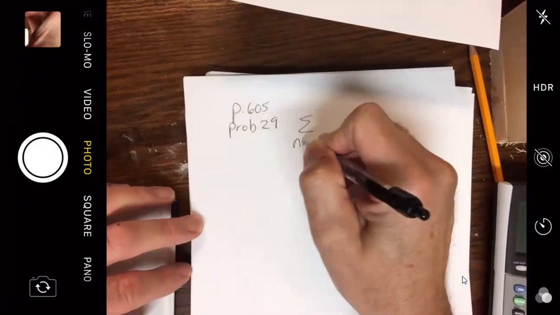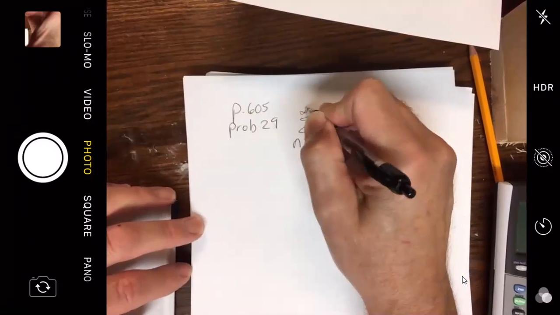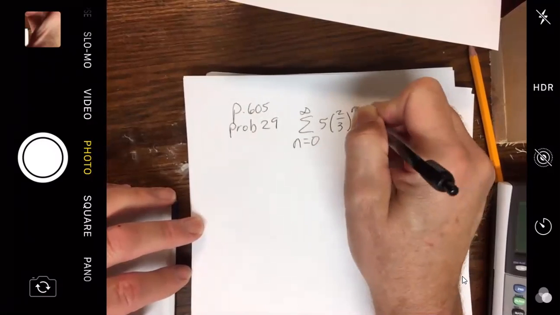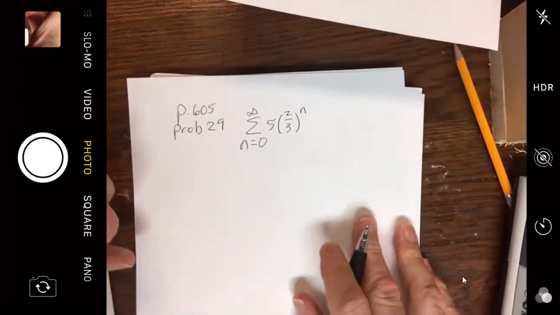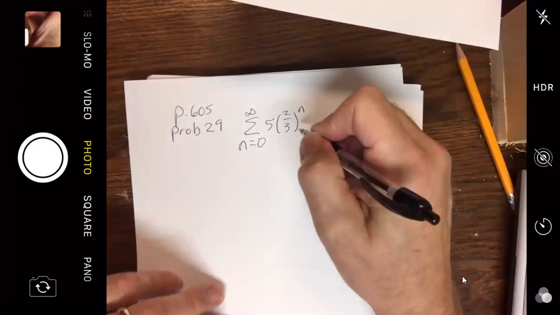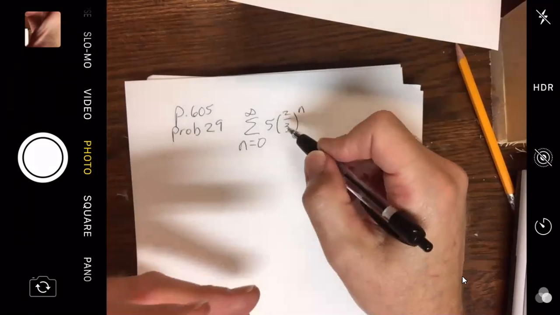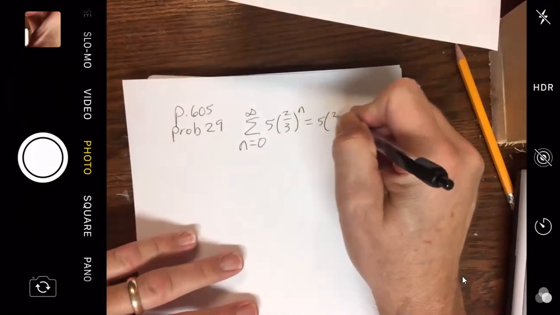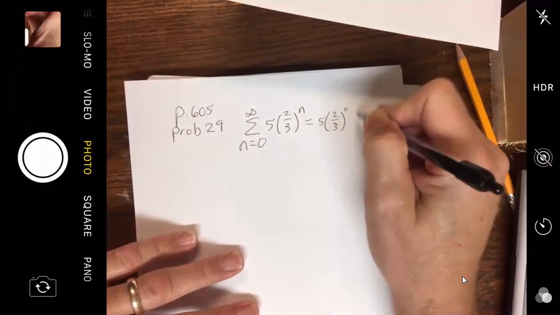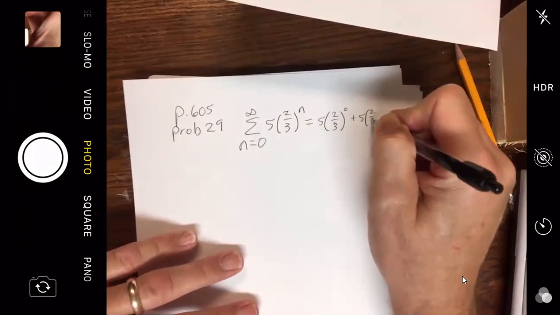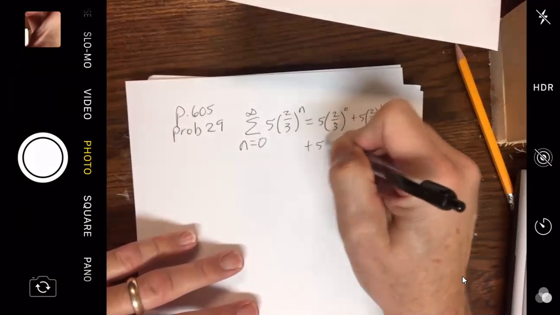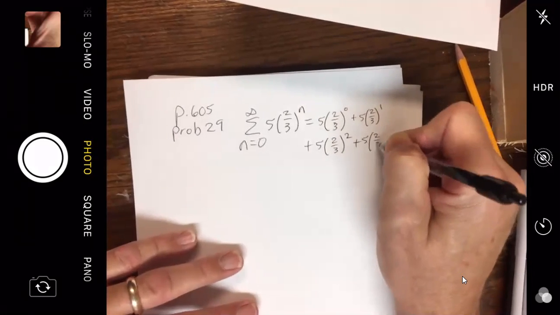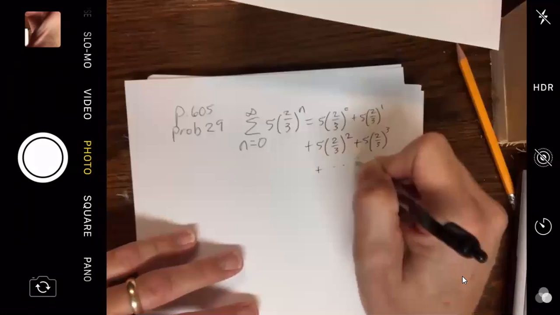We're doing a sum of n equals 0 to infinity of 5 times 2/3 to the n. I'll write it out, that's the biggest thing. This looks like gibberish, so a lot of people don't know what they mean. Well, they mean 5 times 2/3 to the 0 plus 5 times 2/3 to the 1 plus 5 times 2/3 squared plus 5 times 2/3 cubed, and so on.